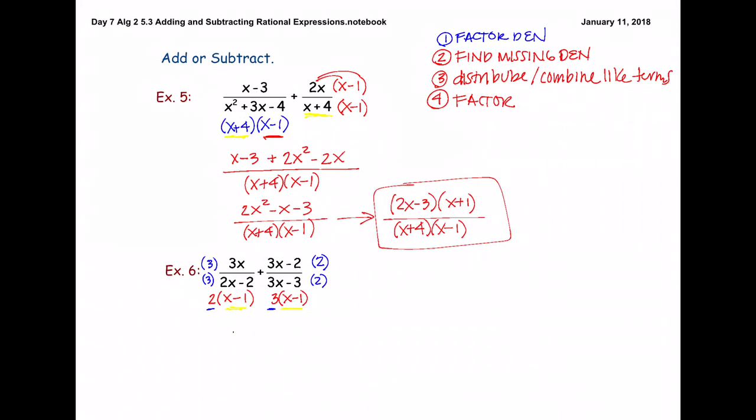So we have 9x plus 6x minus 4 all over 6 times x minus 1. When we combined our like terms in the numerator, we get 15x minus 4 over 6 times x minus 1. There's no common factors, so we're finished.